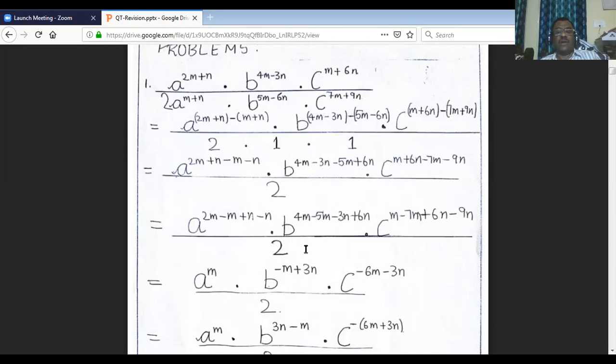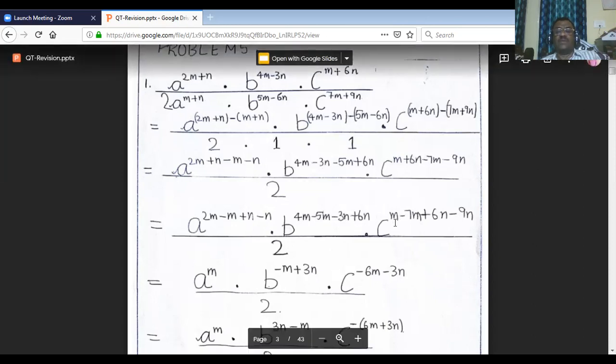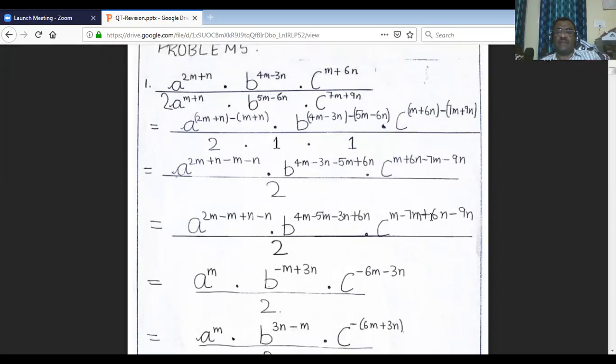Now b to the power of 4m minus 5m is minus m, because the minus sign is there for the highest number, therefore you take that. Minus 3n plus 6n is plus 3n. Now this is c, m minus 7m plus 6n minus 9n.